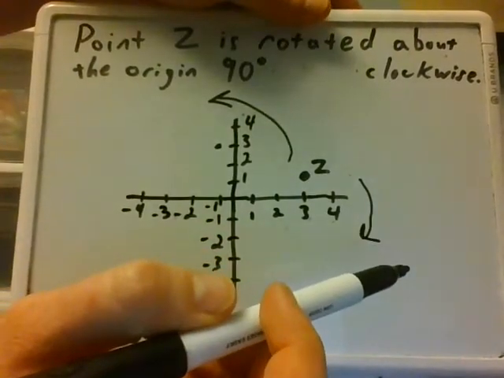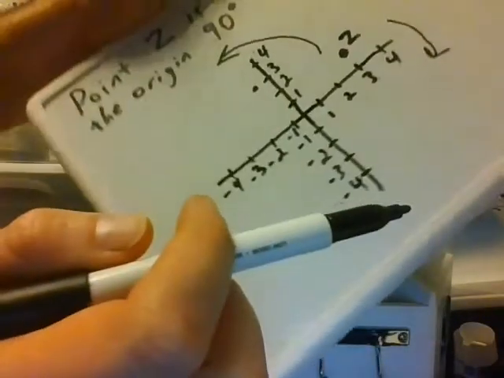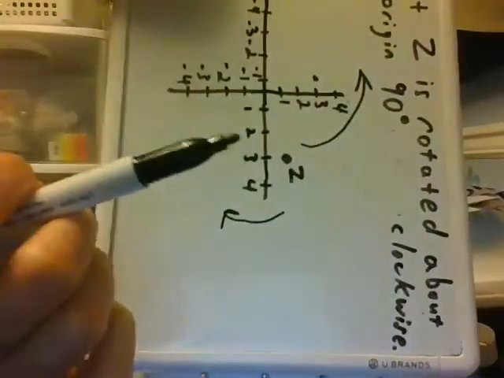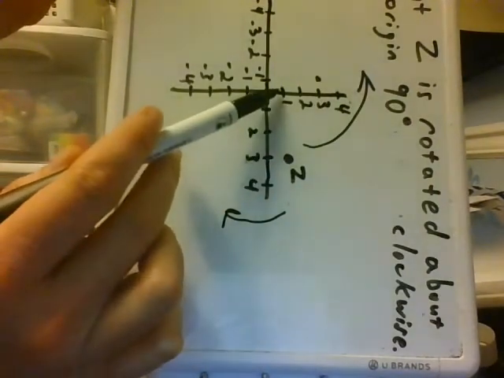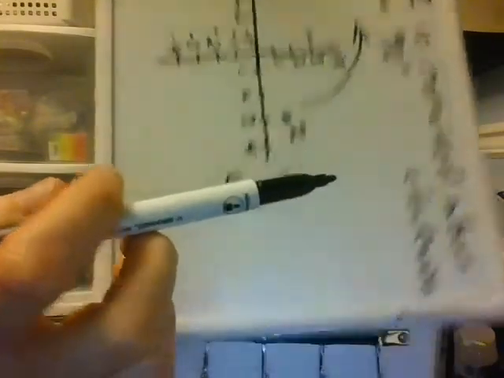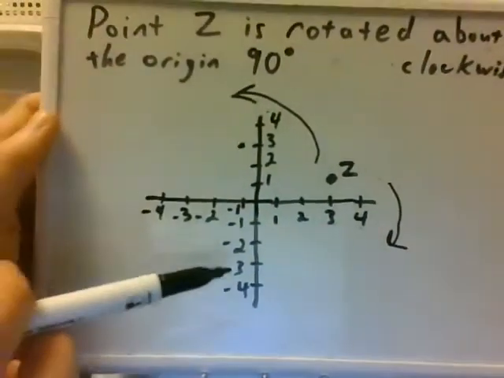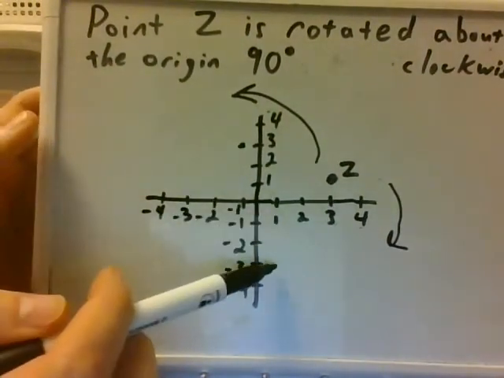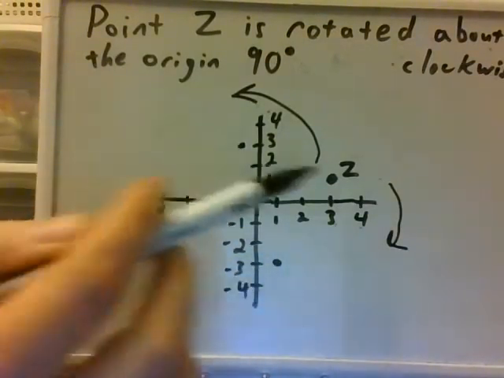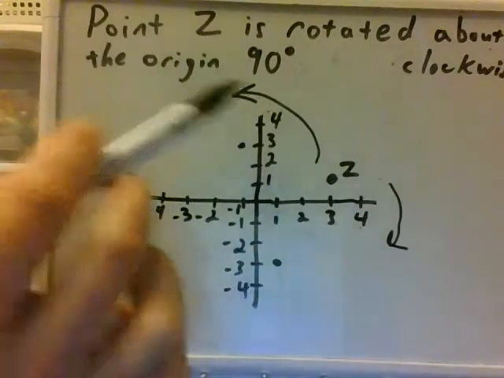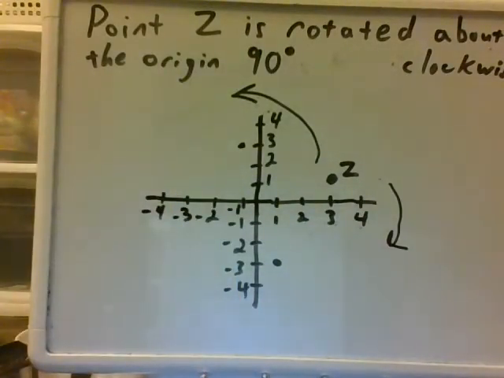Sorry, wrong way. So it's here. Right 1, but down 3. So it would be right here. So, again, this is 90 degrees clockwise, this is 90 degrees counterclockwise.